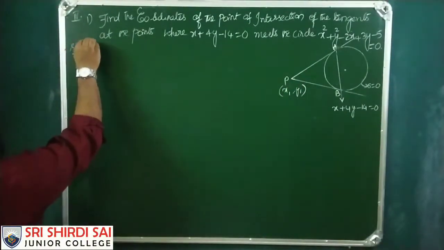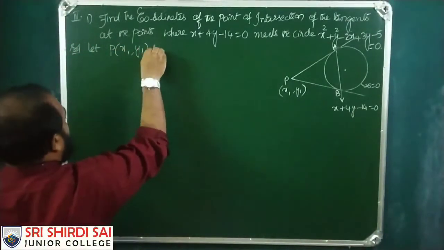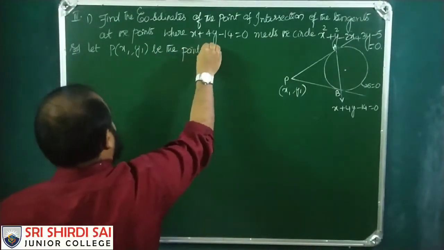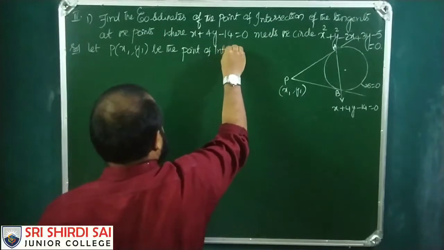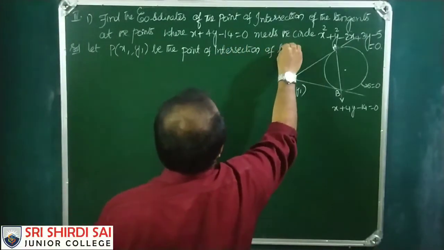Solution: let P(x1, y1) be the point of intersection of the tangents.